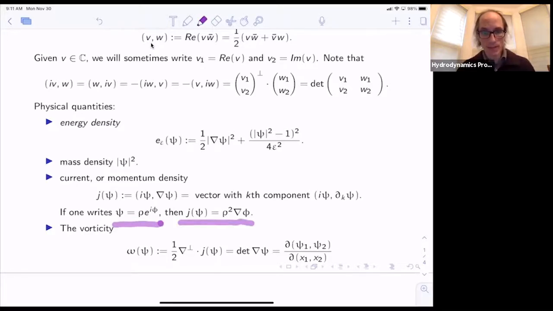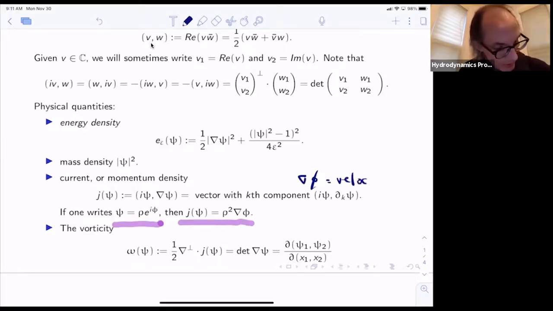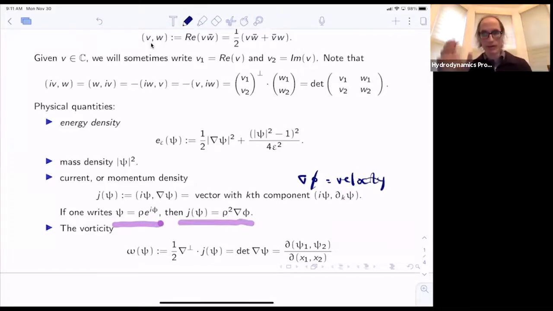And so we think of the gradient of the phase as the velocity. If I have a fluid with a certain density being transported along by a certain velocity vector field, then the density times the velocity is the momentum density.